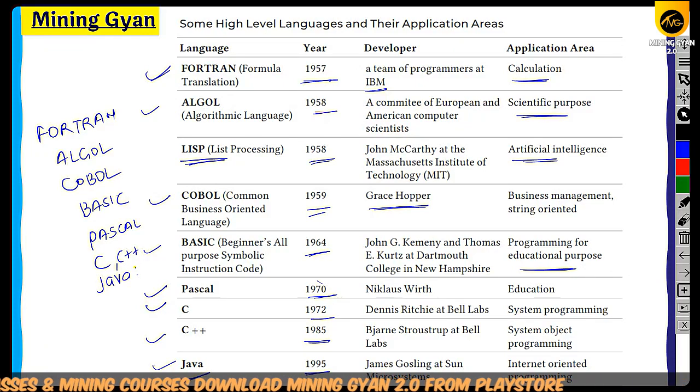There are some other programming languages which are very popular nowadays. Python is a very popular programming language.